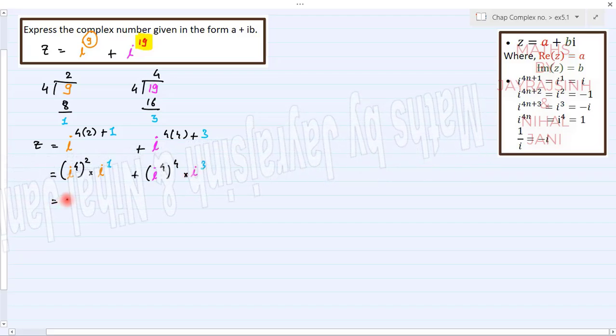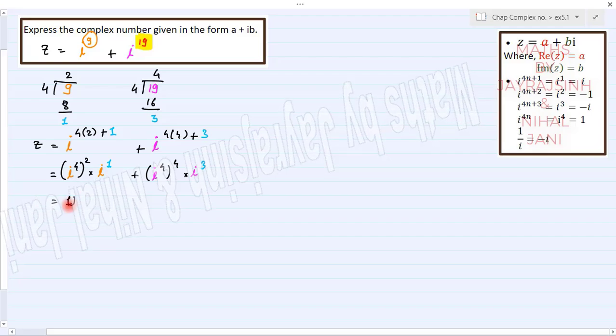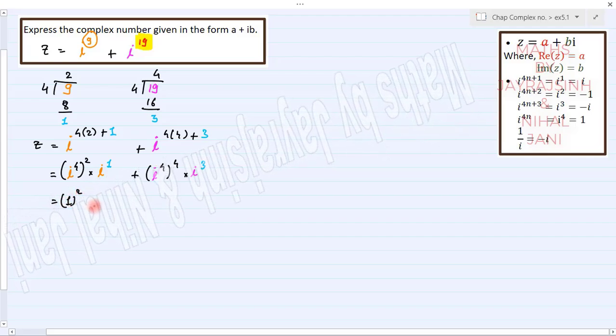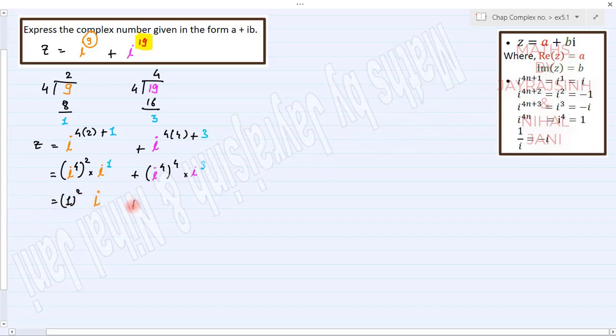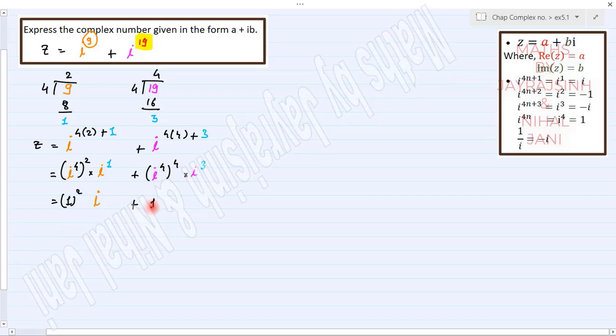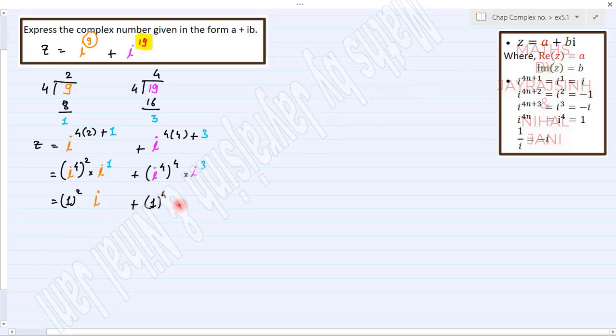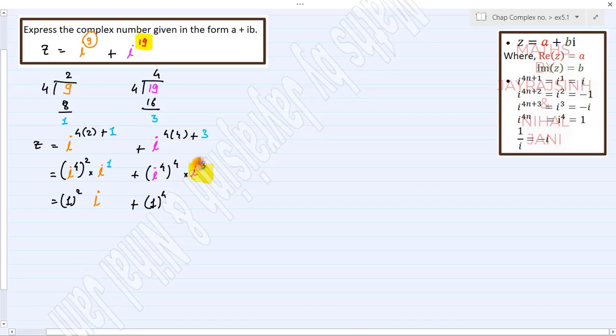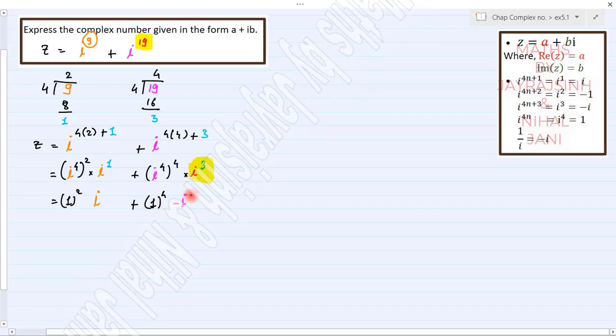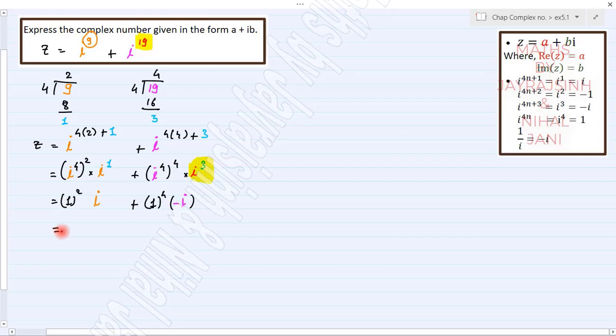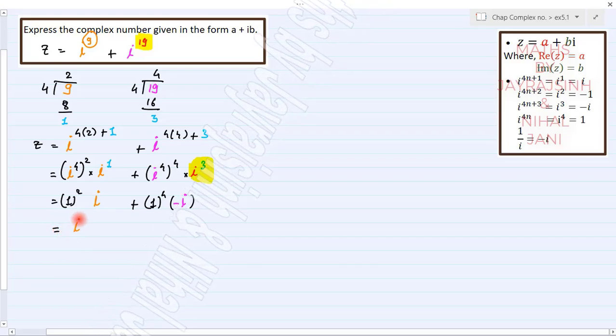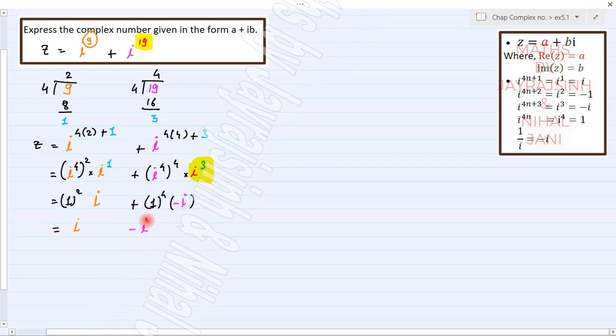Now we know that i raised to 4 is 1. So here we have 1 square, and your i raised to 1 will be i, plus again i raised to 4 is 1, so we don't have to worry about it. And your i cube will be minus i. So i ones are i, and minus i ones are minus i.